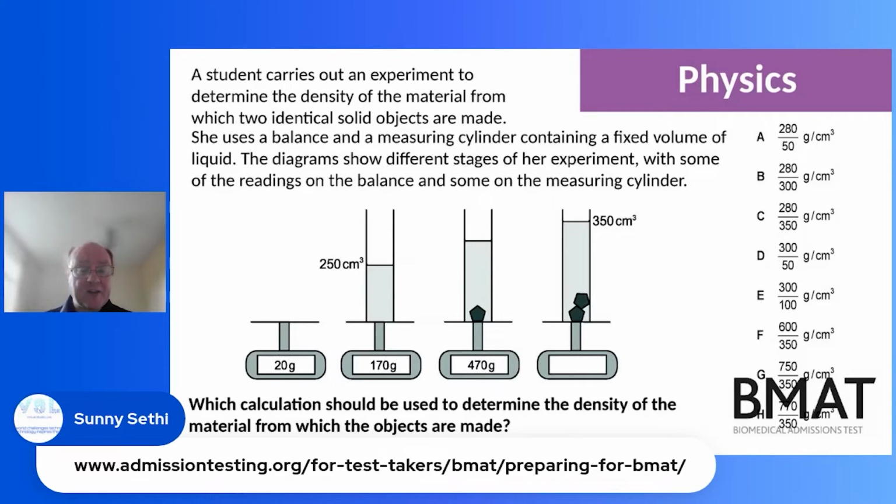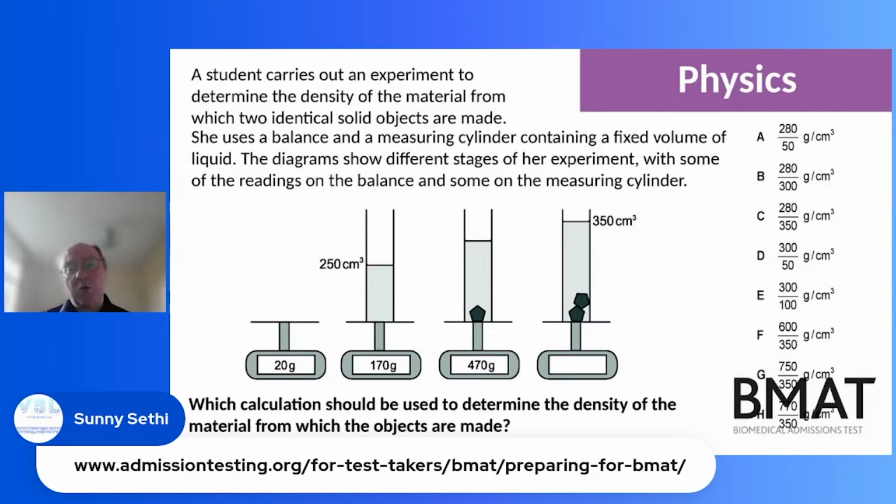Looking at the information that we're presented with, let's start thinking about the actual mass, the weight, and what's being shown on the balance for these objects. So we've got the balance there with no measuring cylinder on it, which is registering 20 grams. We've then got the balance with a measuring cylinder with just liquid in it, and that measures 170 grams.